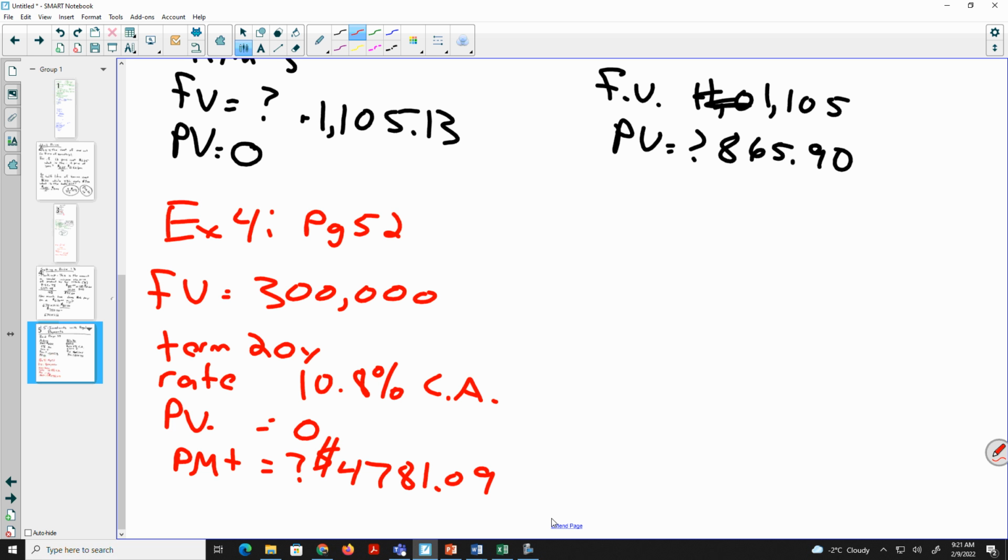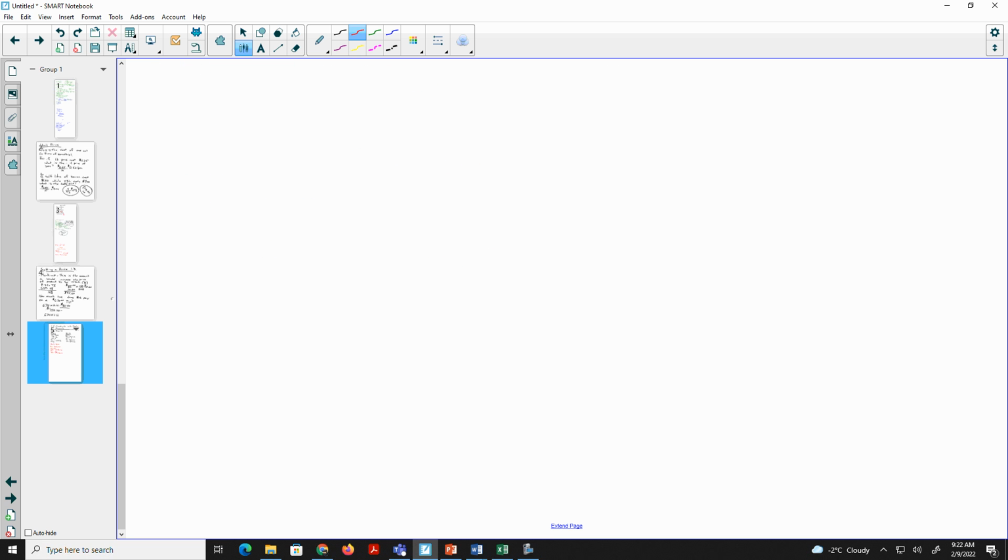Okay, let's do one more together, then I'm going to turn you guys loose. So, example number 5, page 53.